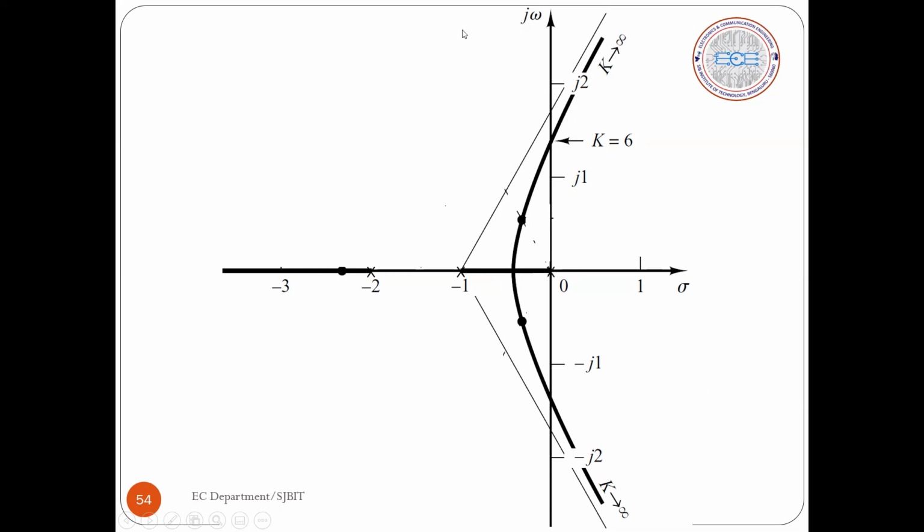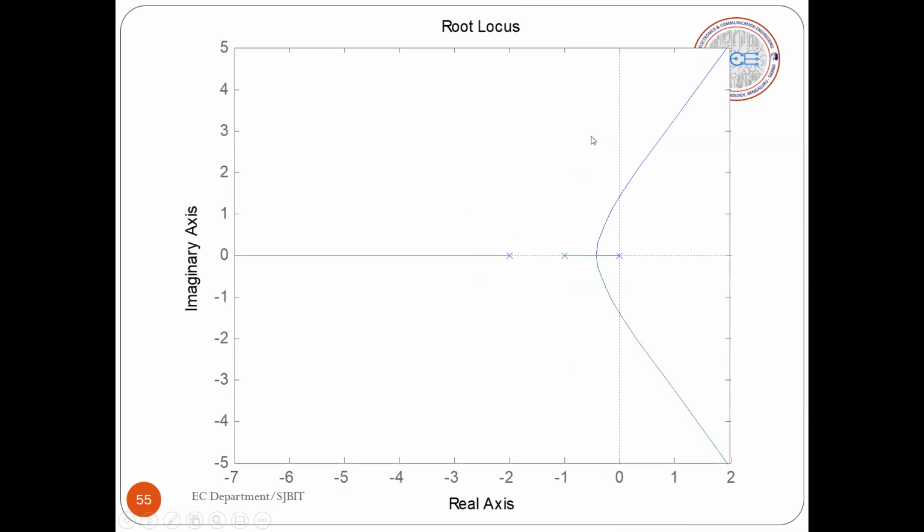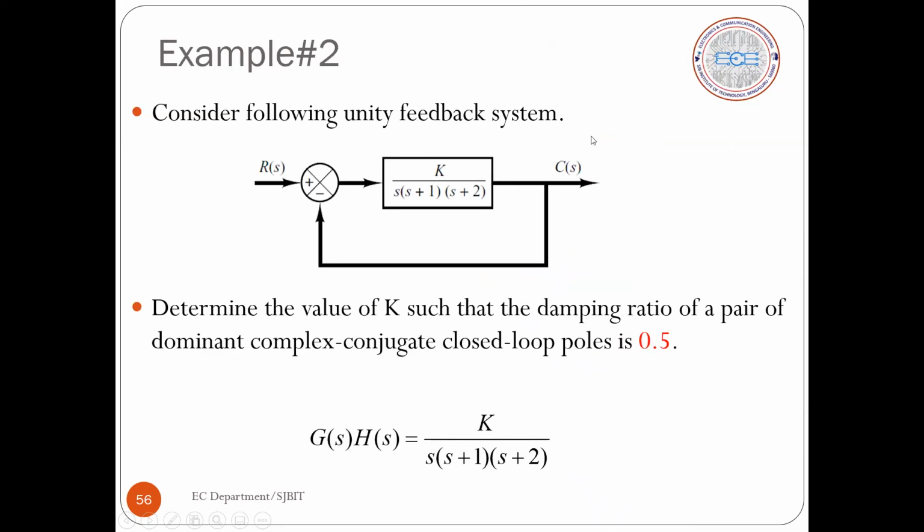Salient points on the root locus: we look for the centroid, asymptotes, poles and zeros position, breakaway point and break-in point, and imaginary axis crossover point and the corresponding k value. These are all the salient values we'll be looking for.